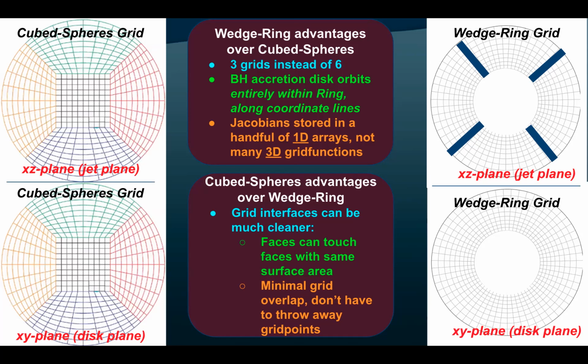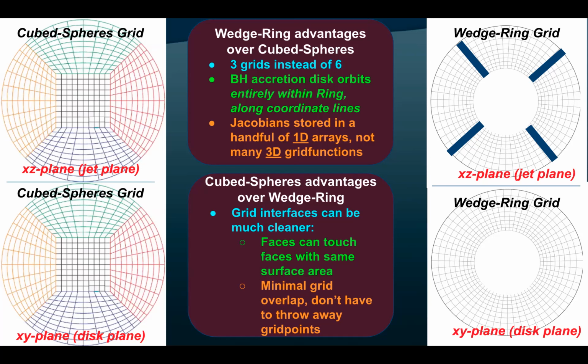But of course, with cube spheres, you can have much cleaner grid interfaces. So that 3 dimensions of information basically enables you to set it up such that faces can touch faces with the same surface area. That's really nice, especially if you're thinking of this in terms of a finite volume GR-MHD approach.